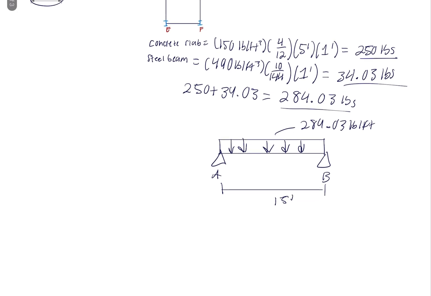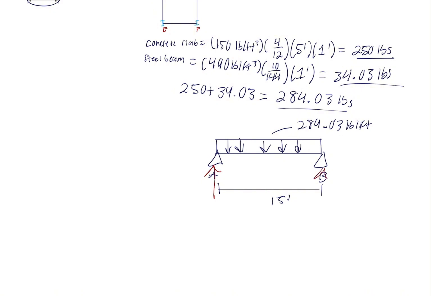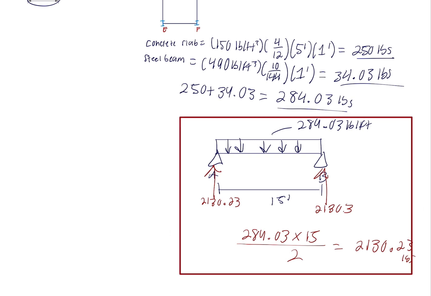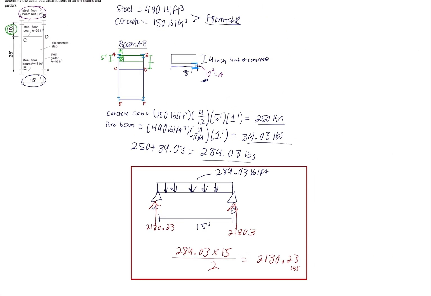So to calculate the reactions at A and the reactions at B, we will multiply 284.03 times 15 and divide that by 2, and we get a total of 2,130.23 pounds. And this will be the reaction at A as well as the reaction at B. And this will be the final answer for the dead load at beam AB.